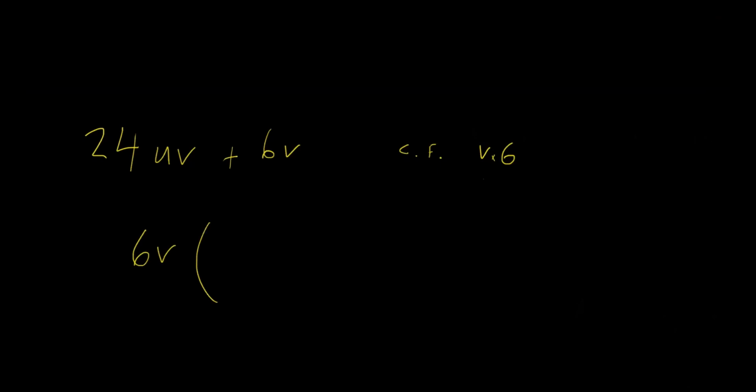So what comes inside the bracket then? 4U plus, fantastic, 1. It's because 6V multiplied by 1 is 6V. That was a bit of an awkward one.